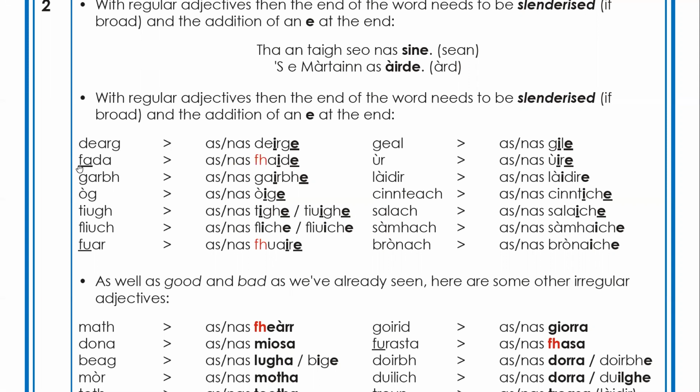So here F lenites in the comparative when it's before a vowel and then becomes silent. So FHA, we just ignore the FH. Nasaja, fate nasaja. And that could be said as a phrase, fate nasaja, far longer. Nasaja.